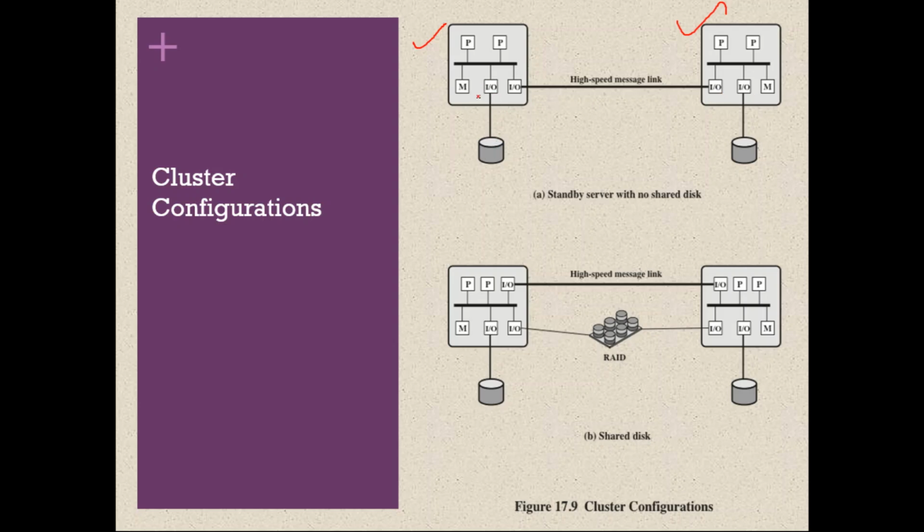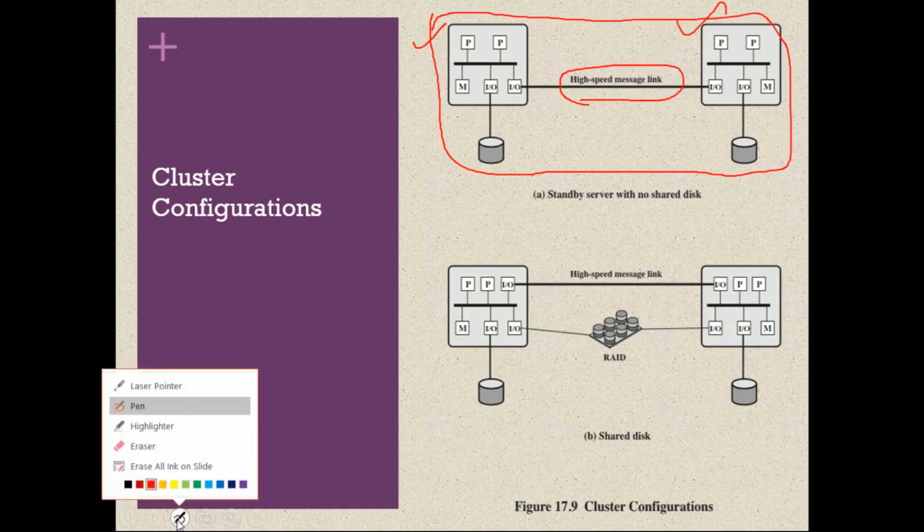This is the hard disk. Each node has its own disks, and these two computers are connected through a high speed link, which can be either a LAN or a WAN, and through that they communicate, they collaborate, and they work as a unified machine. That is, they provide an illusion to the user as if it is a single machine.